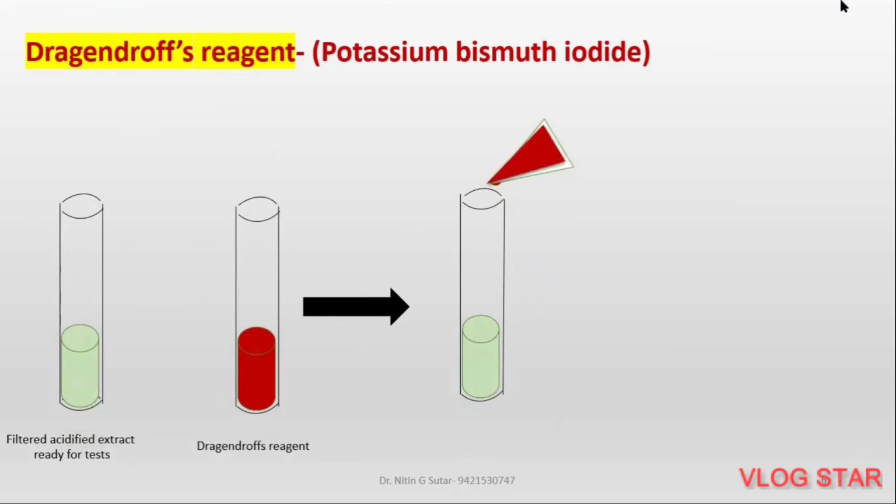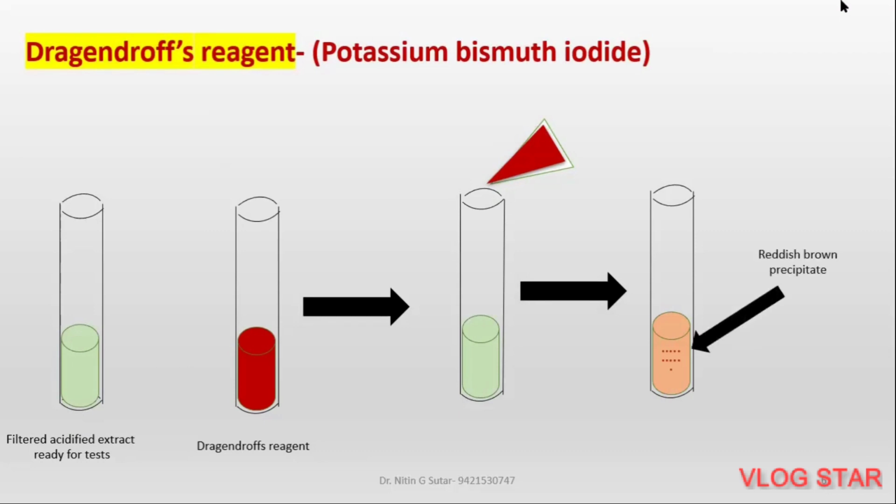You have to add this from the side of the test tube, because of which you get a clear indication of the precipitate formation. A reddish brown colored precipitate is formed, which indicates that the alkaloids are present. If precipitate is not formed, that indicates that alkaloids are absent.